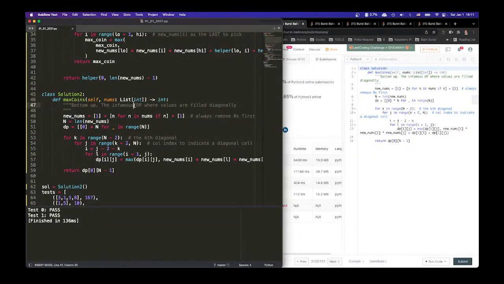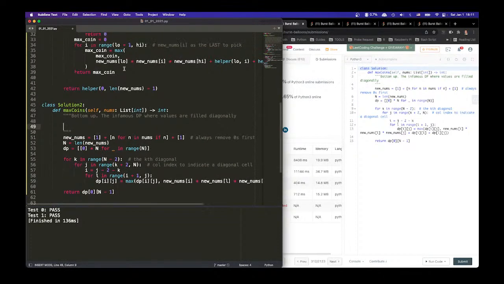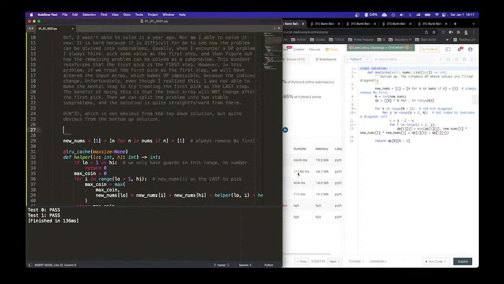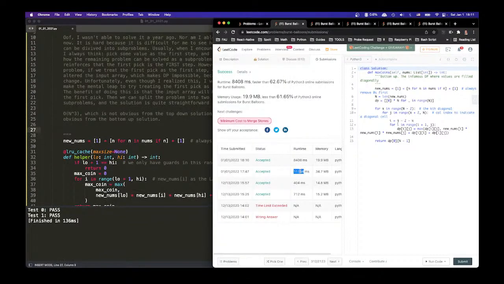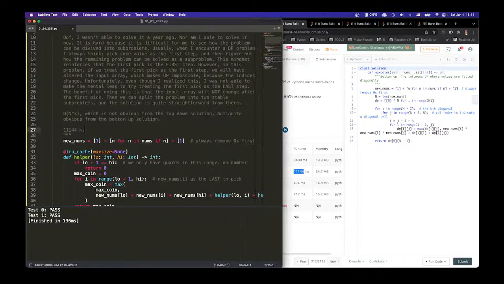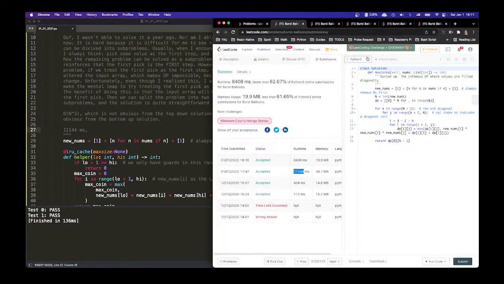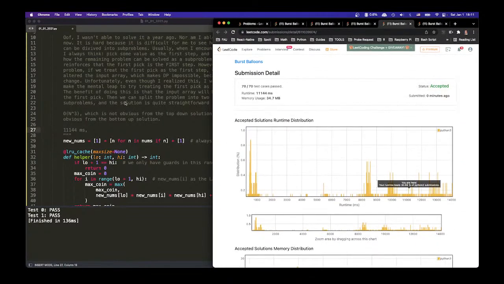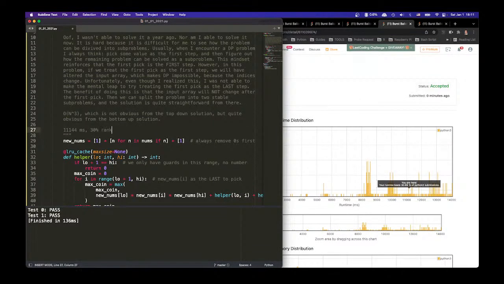So, oh man, this runs at this. Jeez. Holy guacamole. It's 30% ranking, right? It's not that bad. The suspicion, right?